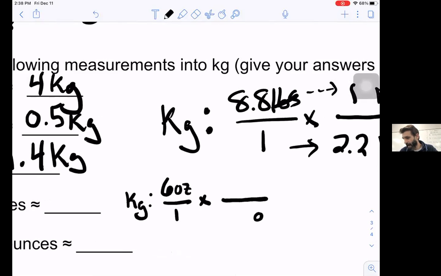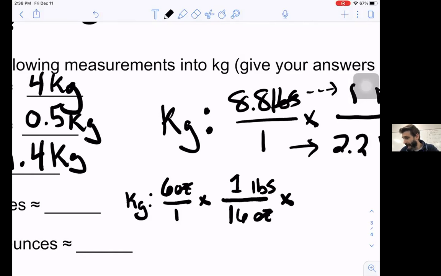Now we need 2 conversion factors. First, I'm going to put ounces here because I want my ounces to cross off. And I know I can convert ounces to pounds. I did that earlier. So 1 pound is 16 ounces. Cross off ounces because they're top and bottom of the fraction. But I'm left with pounds and I want kilograms.